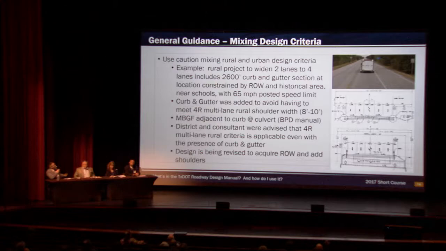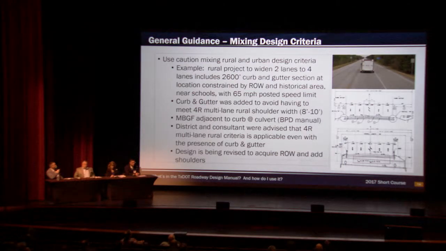Because of some right-of-way and historical area constraints laterally, the design could not accommodate the proper shoulder width under 4R multi-lane rural criteria, so they just put down a curb, because the urban street table says if you have a curb, you really don't need a shoulder. But they were advised that you really can't do that. It was technically a rural area, so even if you put a curb there, you still have to have the proper shoulder.